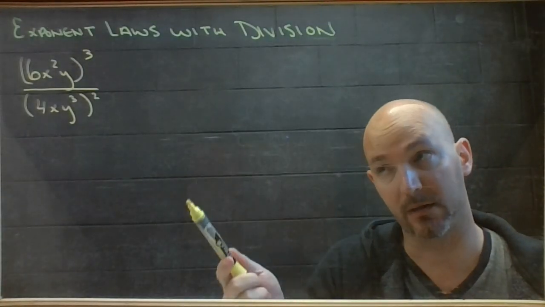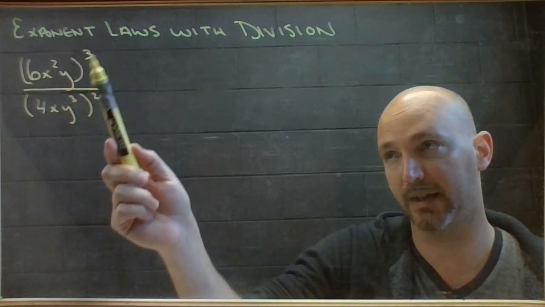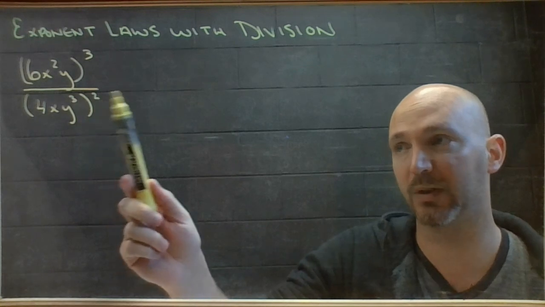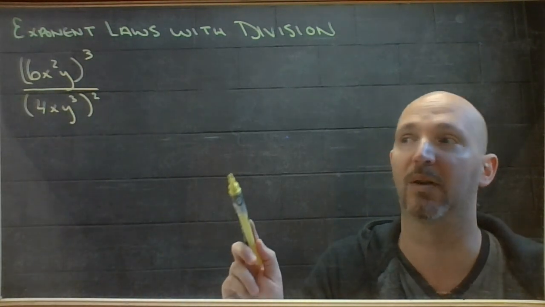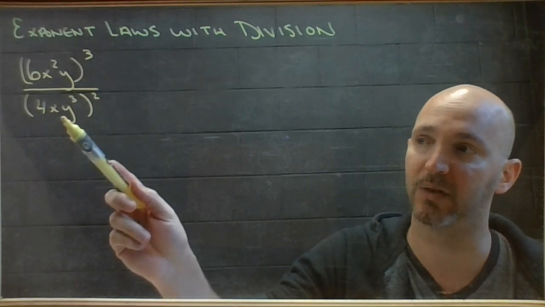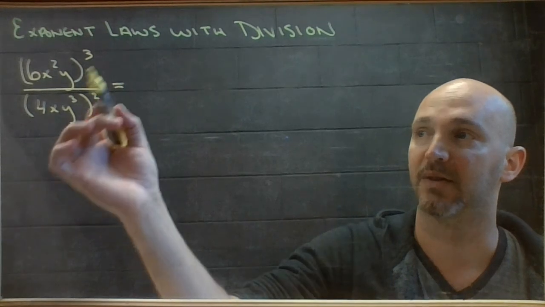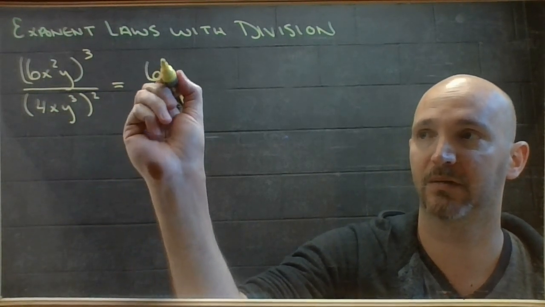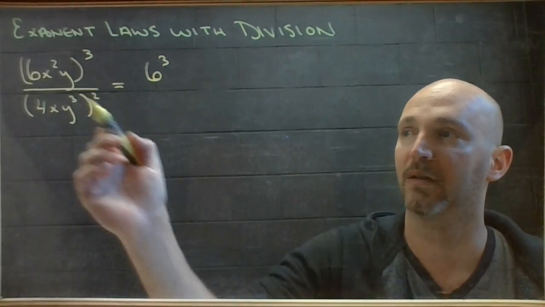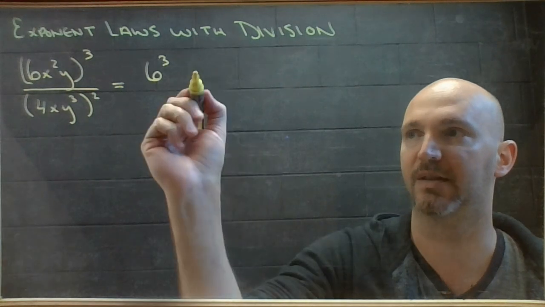So I have a complicated example here with stuff inside an exponent, stuff inside an exponent, but the division is not inside those exponents. So I'm only applying to the numerator and I'm only applying to the denominator. So cubing all this stuff, 6 cubed, x squared cubed, that would be 2 and 2 and 2, which is 6.